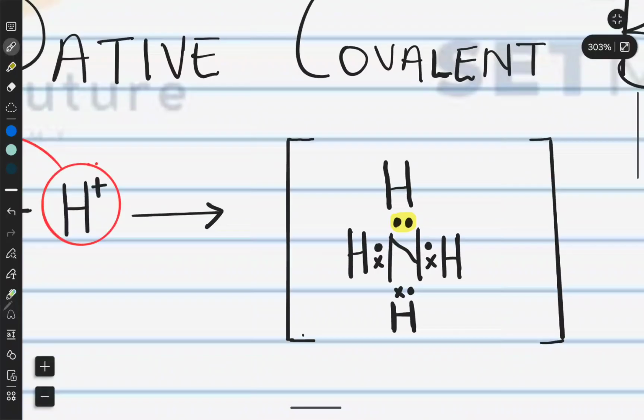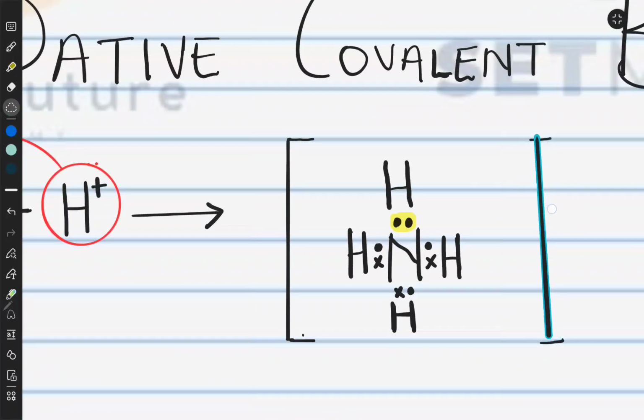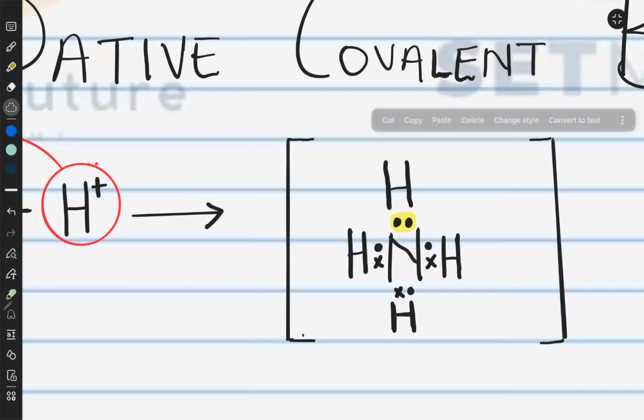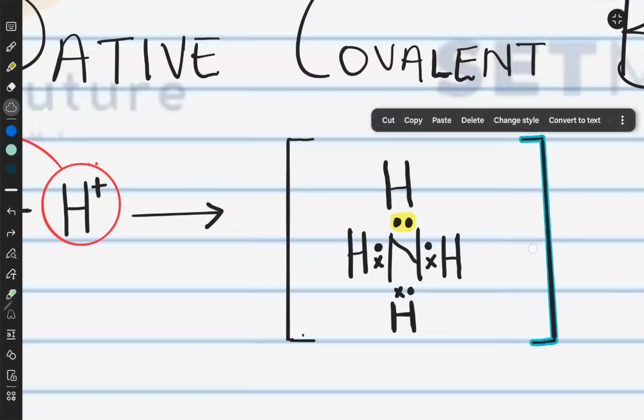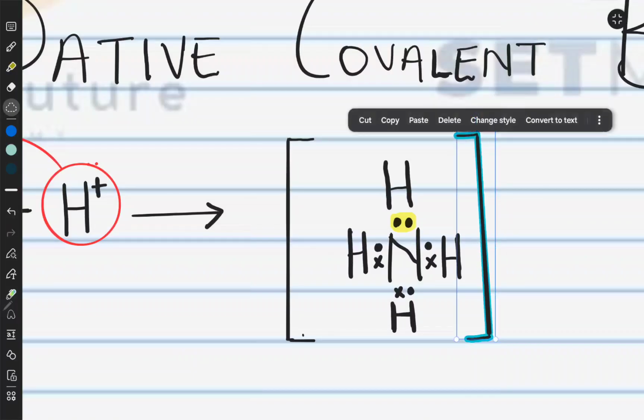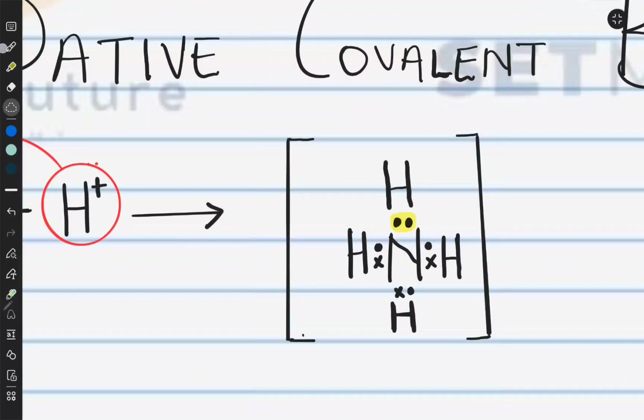Now this is our new ammonium ion. After the brackets, we put a plus sign to show that this ammonia has gained an extra proton.